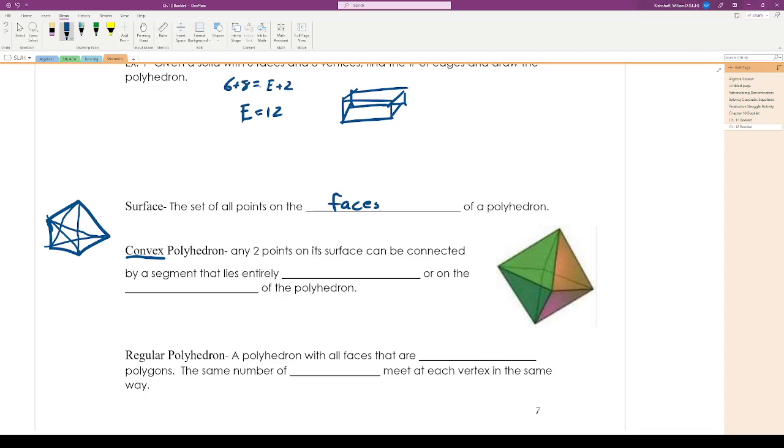There's a similar definition for convex polyhedrons: any 2 points on its surface can be connected by a segment that lies entirely inside or on the surface, the faces of the polyhedron. So if we have a polyhedron that has any kind of concavity to it, where it's not convex, then there'd be a way to connect something on the outside of it.